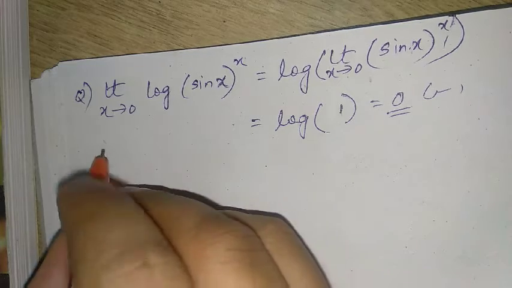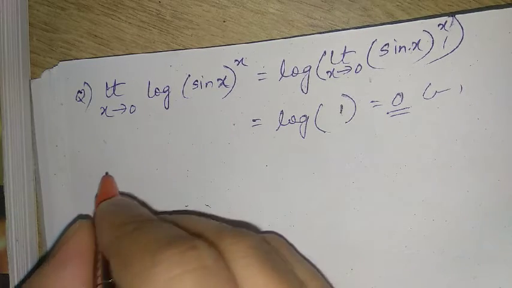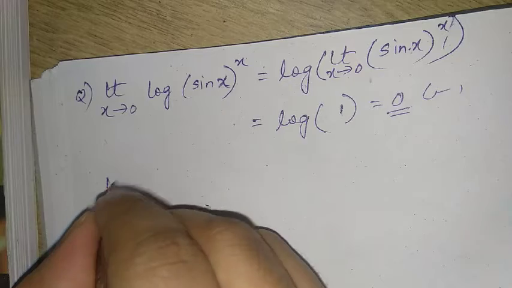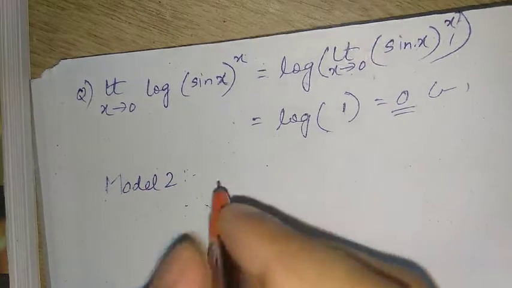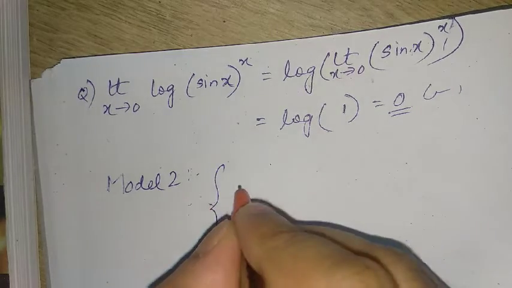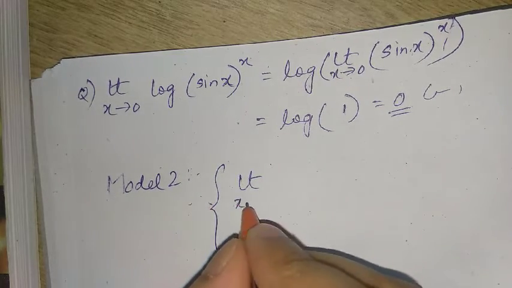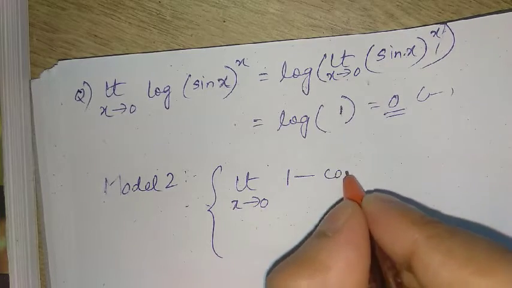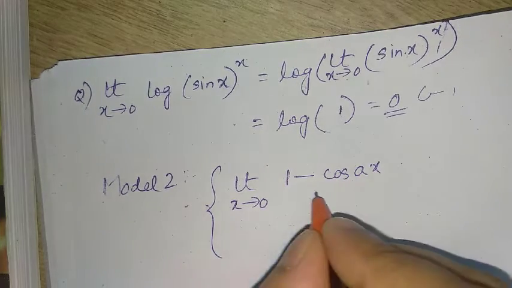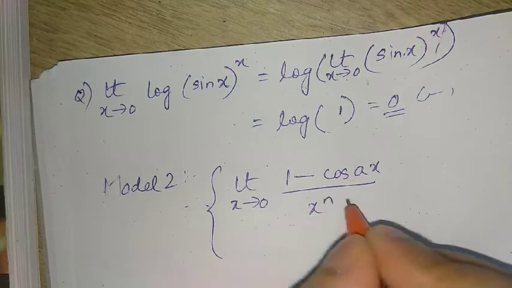Everyone, so today we are going to start with the second model of solving limits. So model 2 is of the form limit x tends to 0 of (1 minus cos ax) by x to the power n.